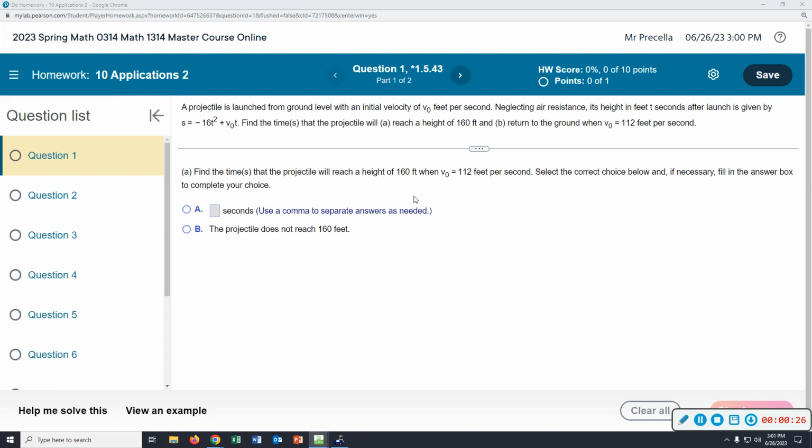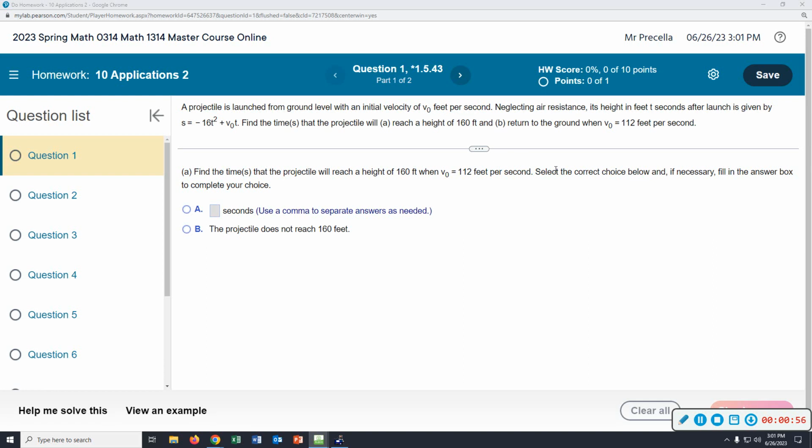Okay, here's problem number 1 we're going to do. A projectile is launched from ground level with an initial velocity of v0 feet per second. That little v and that little subscript of 0 is read as v0, and that's standard notation for an initial value, okay? So once this projectile is launched, it's traveling at a velocity of v0 feet per second.